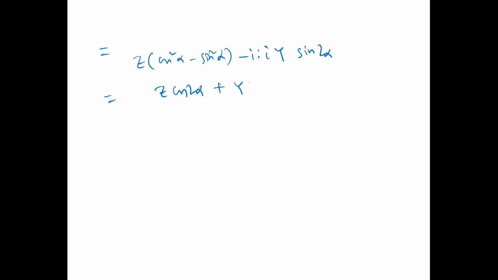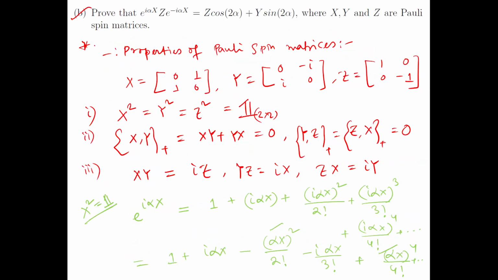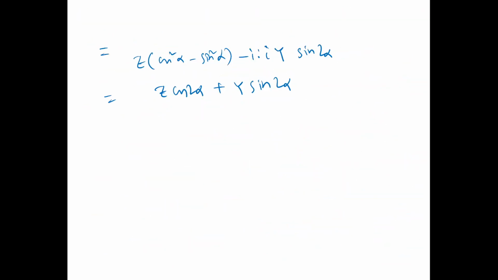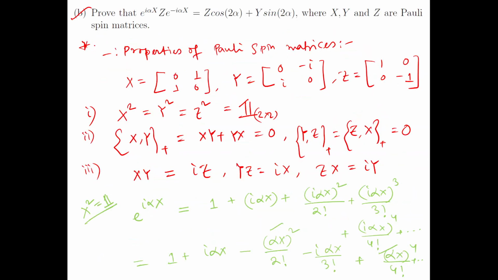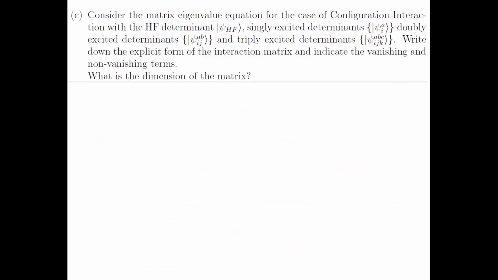And from here you have y sin 2 alpha. And that's what we have been told to prove, right? z cos 2 alpha, y sin 2 alpha. This is e to the power i alpha x z e to the power minus i alpha, right?